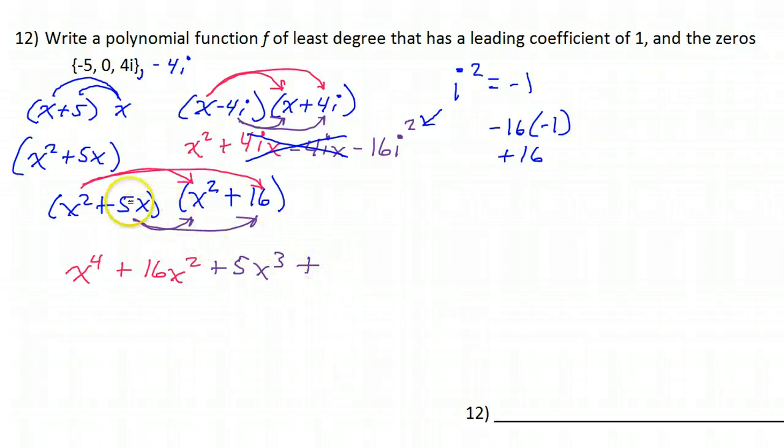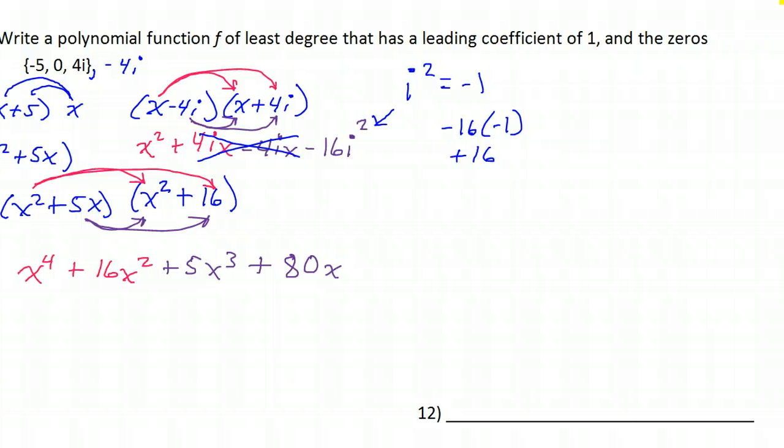I went ahead and used my 4-function calculator, not my TI-30 XS Multiview, because I probably won't have that on the test. But it was 80, long story short. So 80x. I'm looking for any like terms to combine. I don't see any. So the only thing to do is to write this in standard form, descending exponent order.